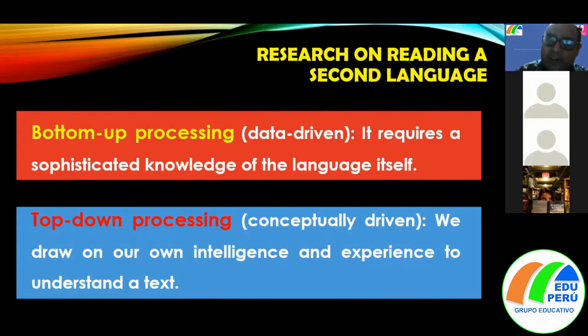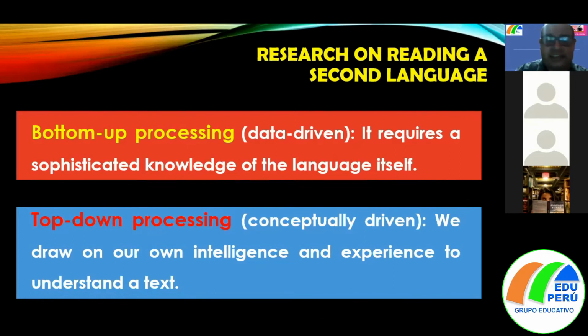And then we use the other one. The other one is top-down processing, or conceptually driven. We draw on our own intelligence and experience, as Fiorella and Laura said when they talked about experience. So our prior knowledge. And one of you mentioned formal content. So formal is about our life, our experiences, the knowledge of the world.